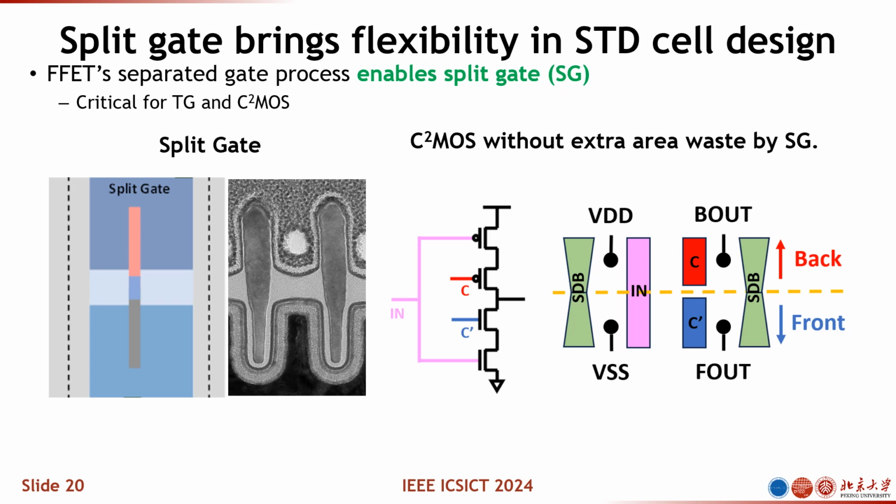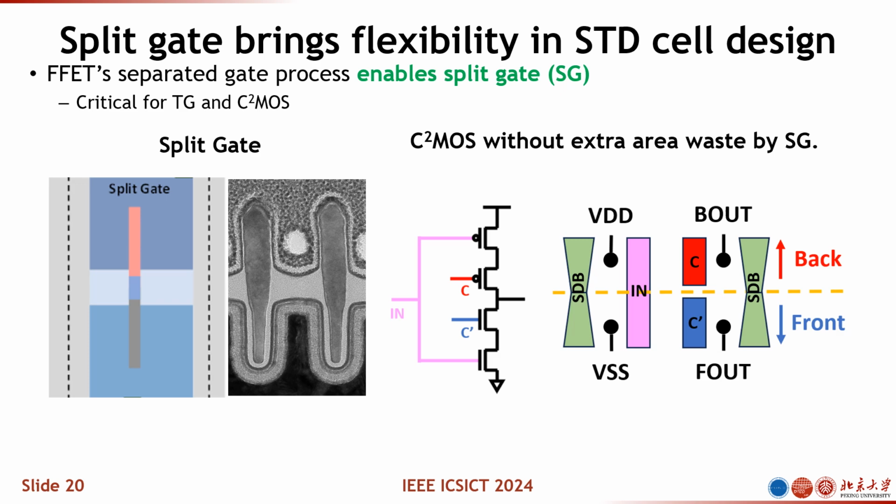By doing this, if you have a split gate enablement, you would not waste any area. But if you want to do that with a CFET, which is common gated, you would waste area. So this is a critical element for the FFET.